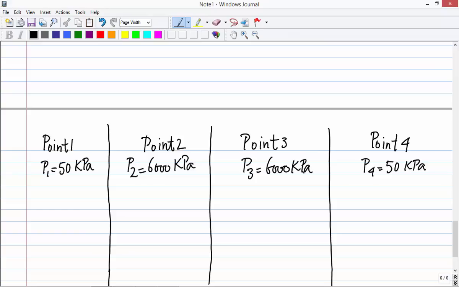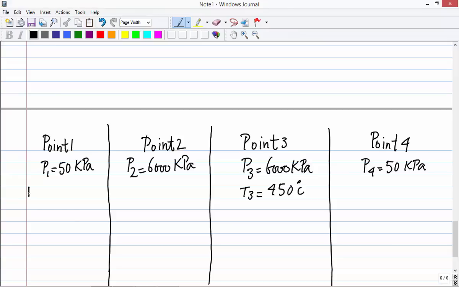It says that the temperature at the turbine inlet, which is point 3, is 450 degrees C, and the condenser subcools the liquid 6.3 degrees C lower than the saturation temperature.